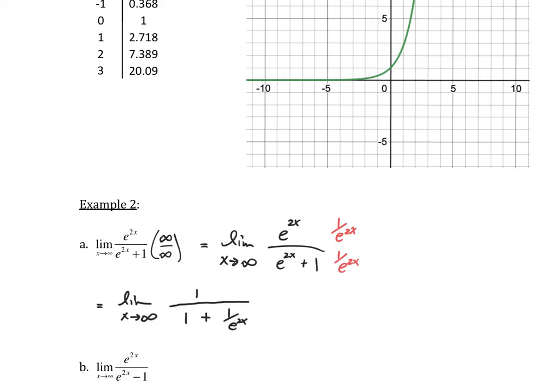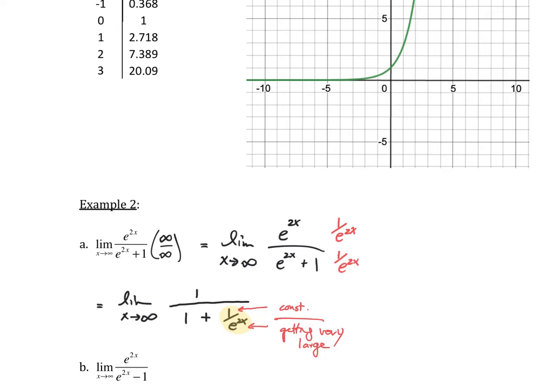Now, I want to look more carefully at this term right there. So let's discuss that guy. The numerator is constant, but the denominator is getting very large, right? That bottom is going to infinity.